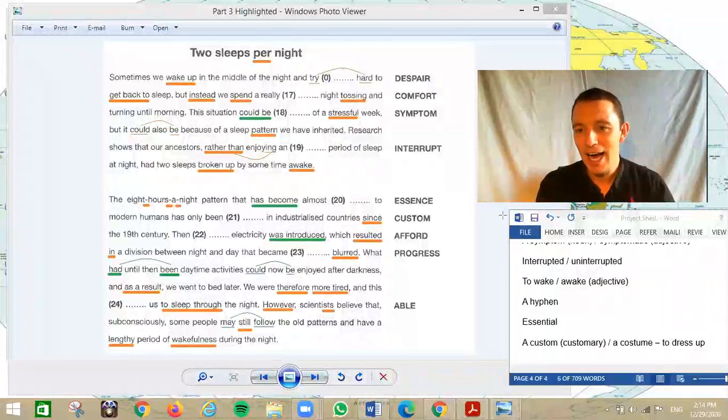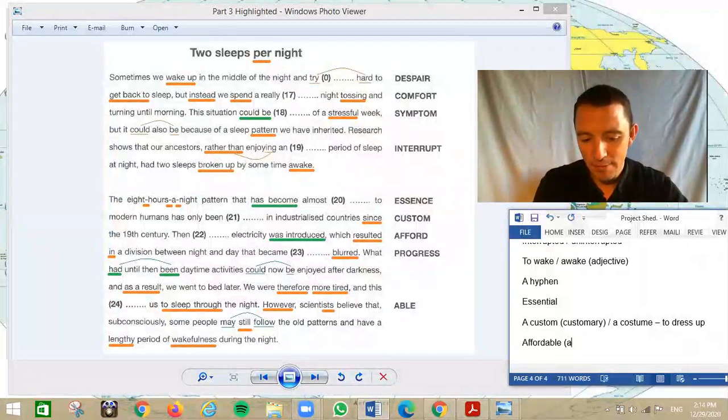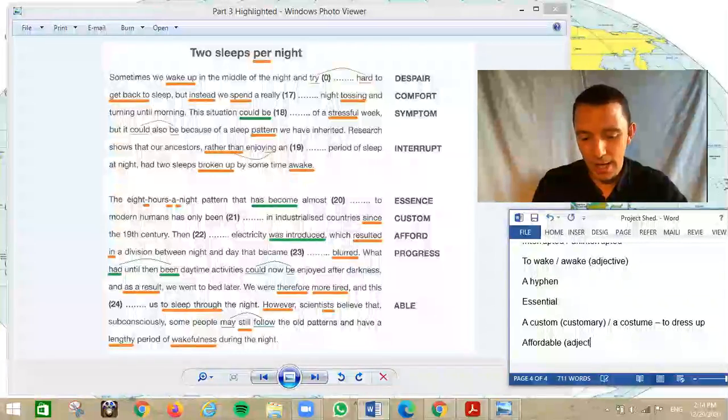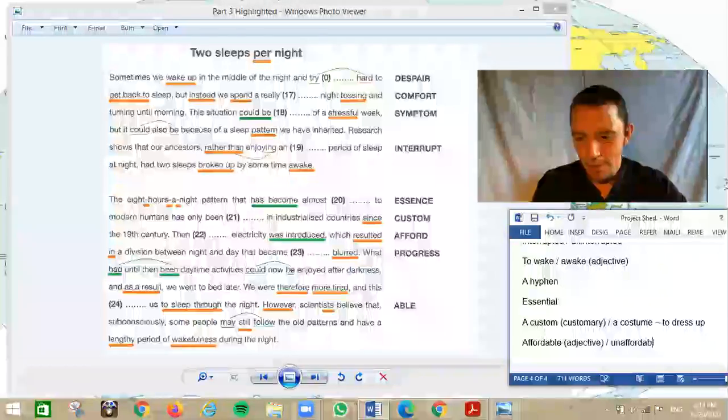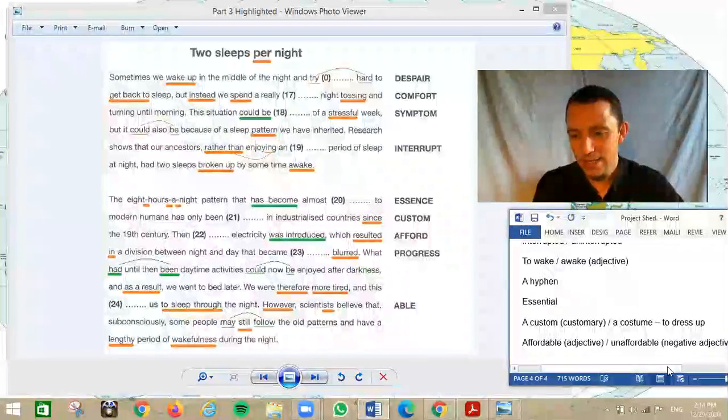Okay, and the adjective is affordable. So I'm just going to write here affordable. Adjective. Okay, unaffordable is the negative adjective.